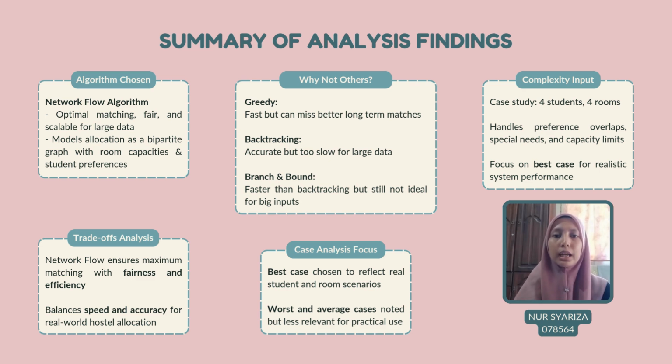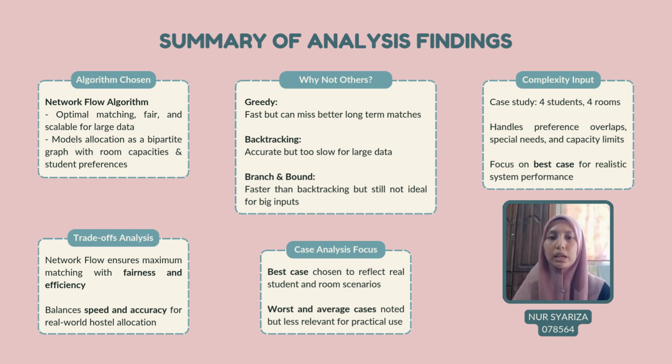For input data and focus, in our analysis, we use input data for the case study that is 4 students and 4 rooms. And lastly, we focus on the base case scenario where all students had clear preferences, where there were no conflicts and each room was assigned to one student successfully.